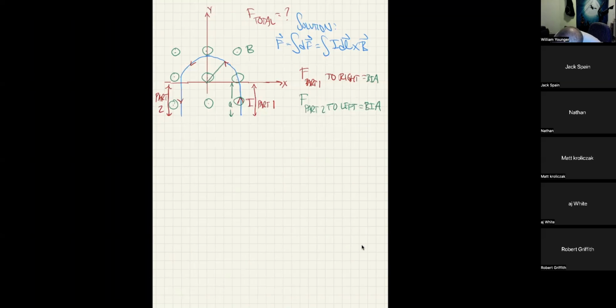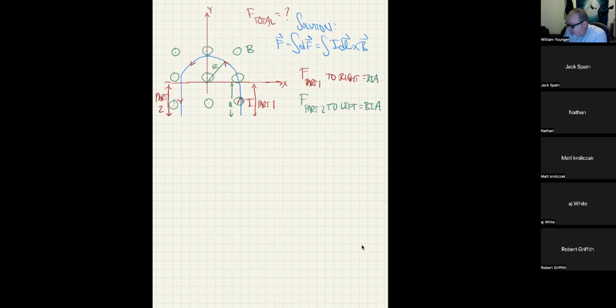This part right here, of course, has a radius R, and we're going to make use of that. We're assuming we know R. I just didn't draw it in earlier. So part 1 and part 2, those forces are going to cancel out. What you might think is that because the I dL is always going to be tangential to that curve, you'll see that, in fact, it's going to have a component that is radially outward.